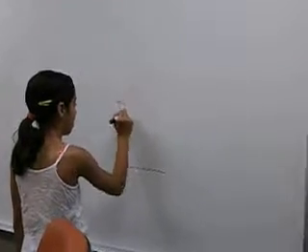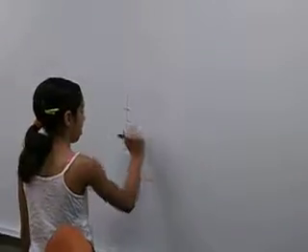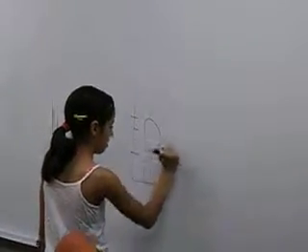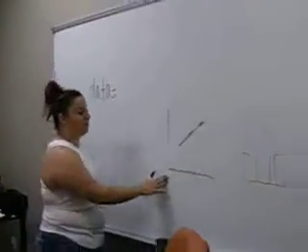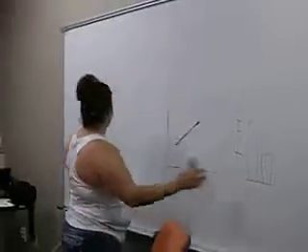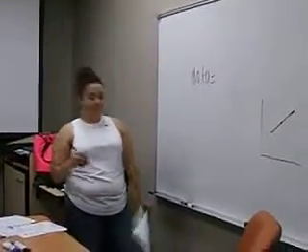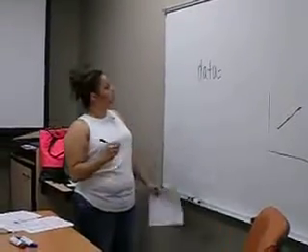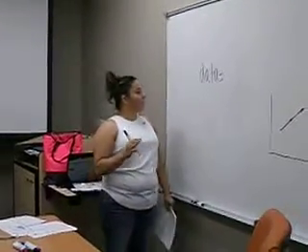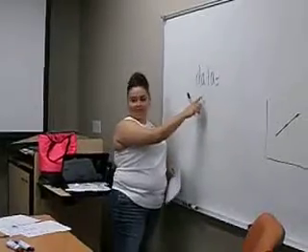Great job. So now we know this is what a line graph looks like and this is what a bar graph looks like. Today we're going to go over what? Pictographs. A pictograph is a graph that uses pictures to display the data.